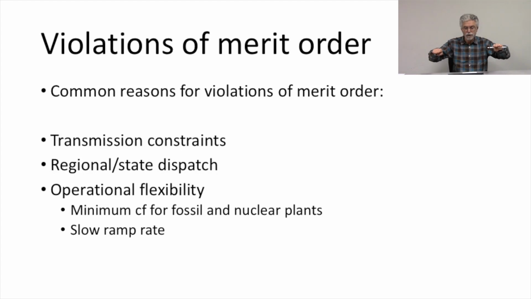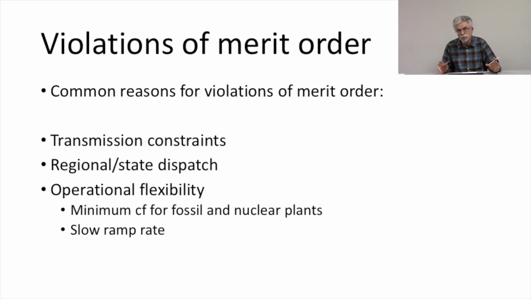We might have a transmission corridor that's congested, and we might end up using a high-cost plant here more than we otherwise would, because it's hard to get power from a low-cost plant over to where the high-cost plant is operating. This would be a violation of merit order due to a transmission constraint.